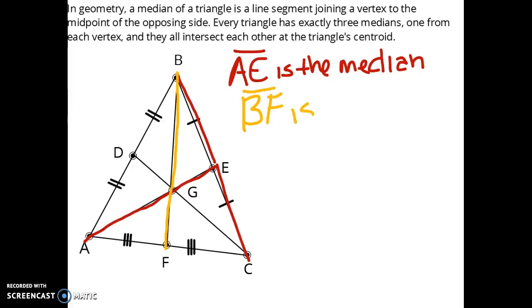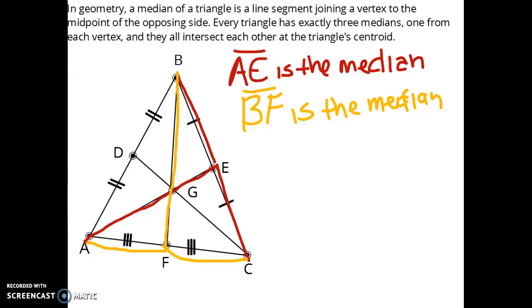Segment BF is the median to the opposing side AC. Here's AC. That means AF is the same distance or same length as FC.